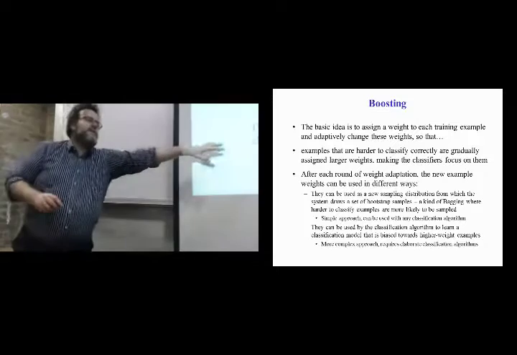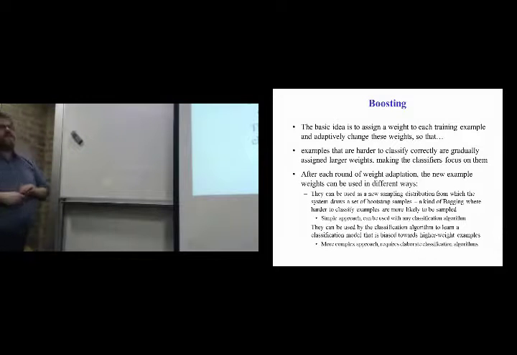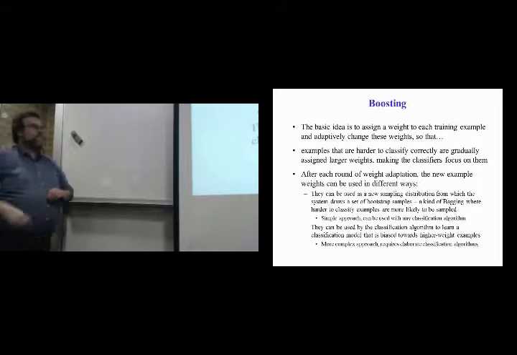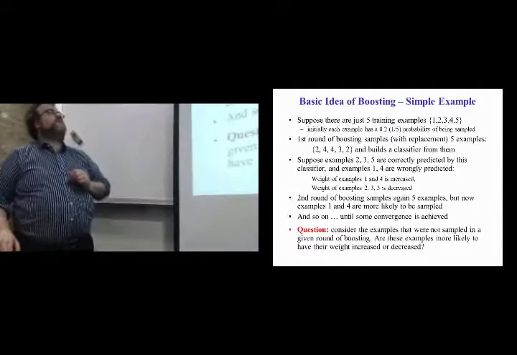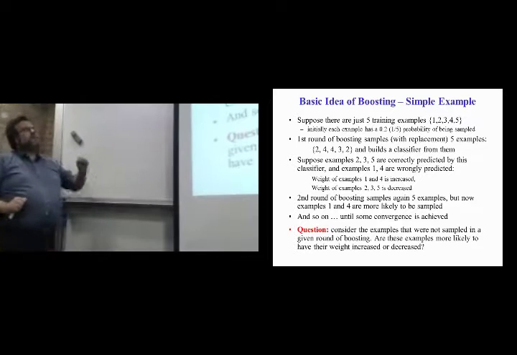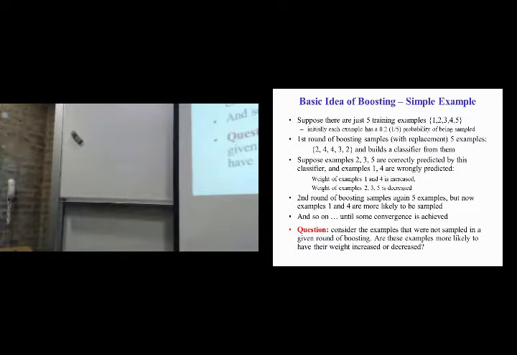There are some ways of doing this by sampling, but there are also some ways of doing this by modifying the classification algorithm itself. So I think this is basically a summary of what I've said on the board. You've got a number of training examples. Each has a 0.2 probability of being sampled. You do a round of boosting, and you sample 5 examples, which are 2, 4, 4, 3, 2.